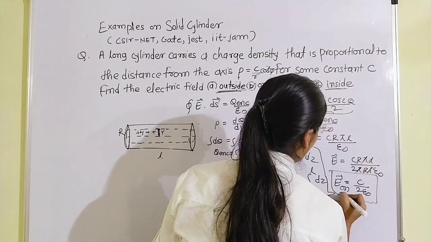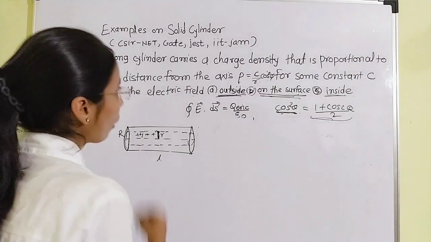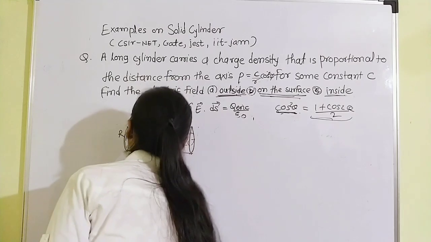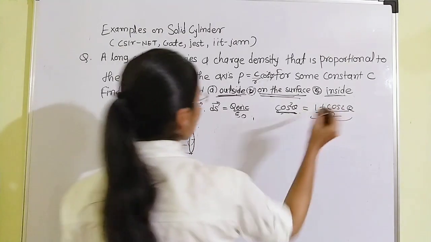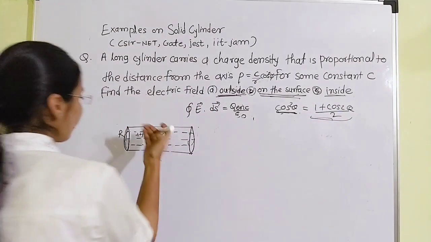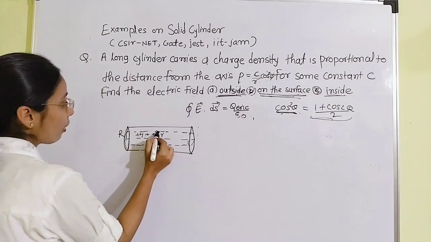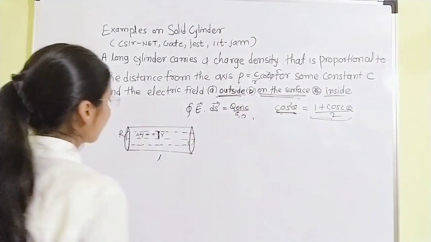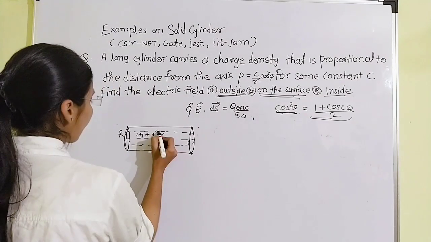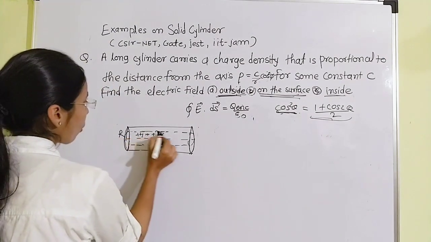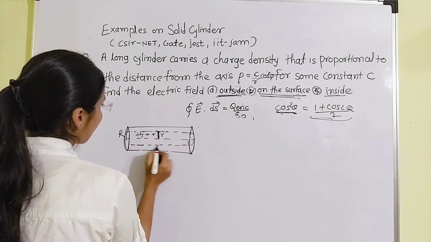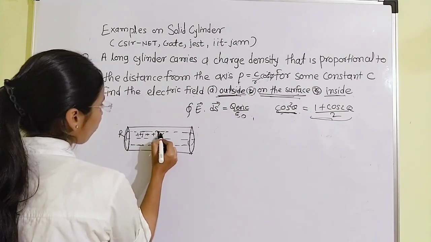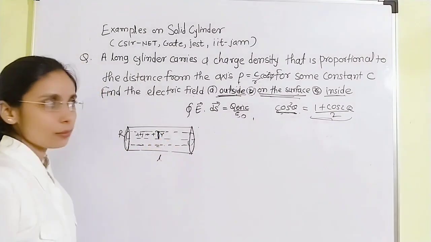This is the electric field on the surface of the cylinder. Now we have to find the electric field inside this cylinder. So this is the cylinder and this is the point. At this point we have to find the electric field inside the cylinder. So we draw this Gaussian surface and the distance from the center to this point is small r.